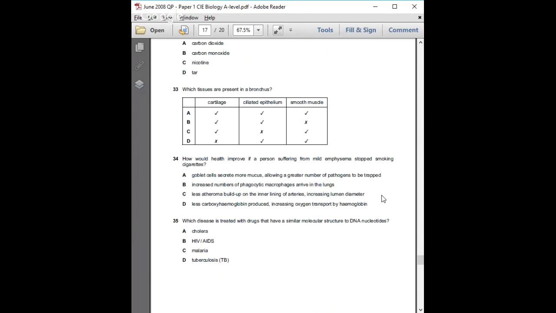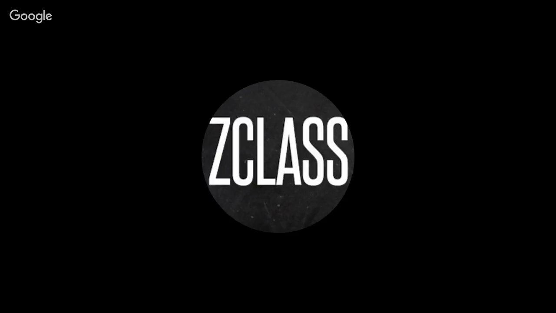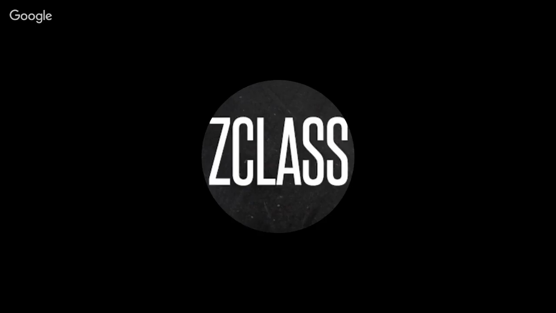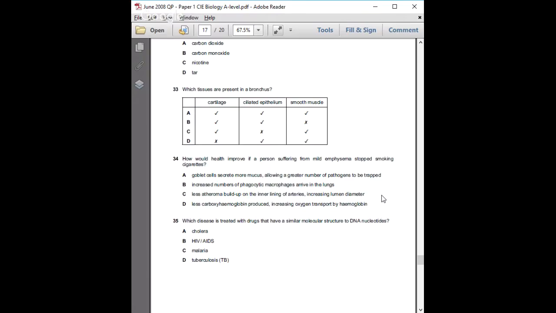Why isn't it C? Because I think D is correct. Okay. So if D wasn't there, why would you say that C is incorrect?